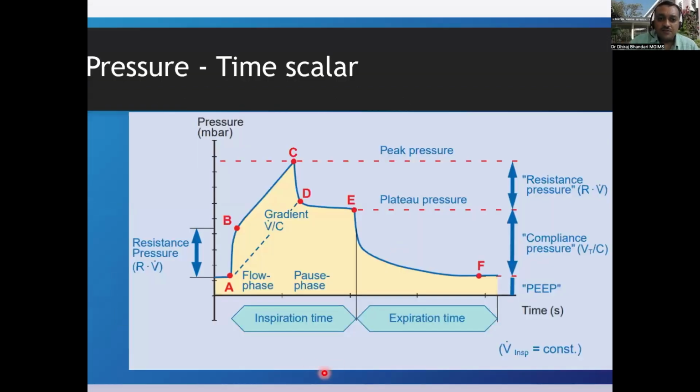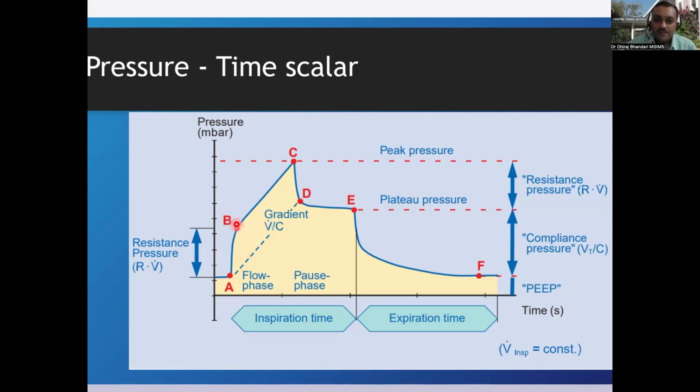Now, this is something which all of us should know very nicely. I'll take a little time on this. This is basically a pressure time scalar, how it looks in a volume controlled ventilation. Now, this is your starting phase. From here, you will have the initial part. The initial pressure is required to overcome the ventilator resistance. We have put an HME, the trachea, and all those things.